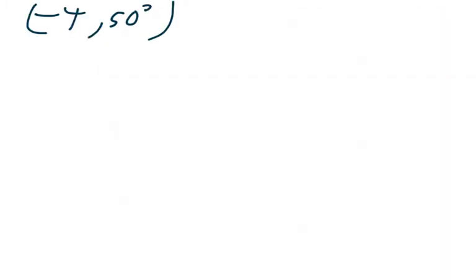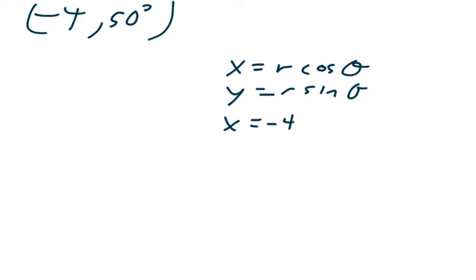Alright, number 7 is going to be real quick, because this one we have negative 4 comma 50, x equals r cosine theta, y equals r sine theta. So x equals negative 4 cosine 50, and y equals negative 4 sine 50. Once again, make sure you're in degrees when we do this.